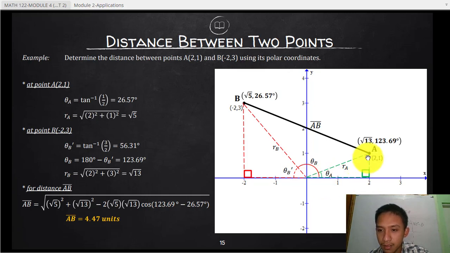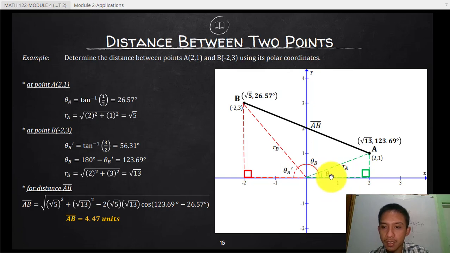So if I will create my right triangle, then this is my 2, isn't it? That is the X, and here is your 1, which is your Y. So again, that is just your coordinate. So you want to get your theta A and you want to get your RA. So again, how do we get that radius? Pythagorean theorem. Okay, that is just the Pythagorean theorem.